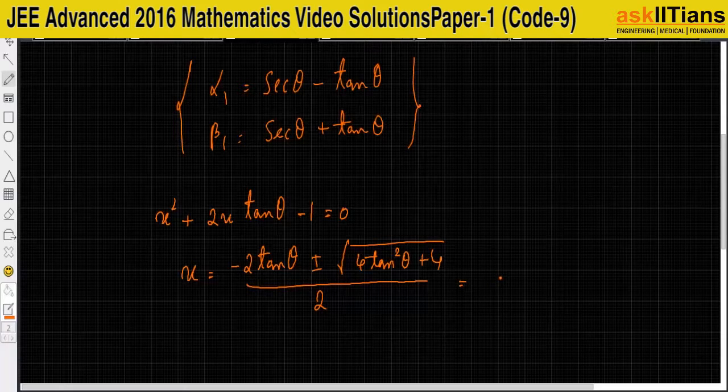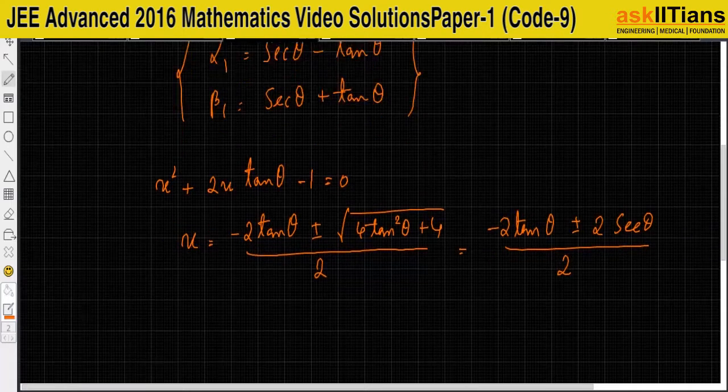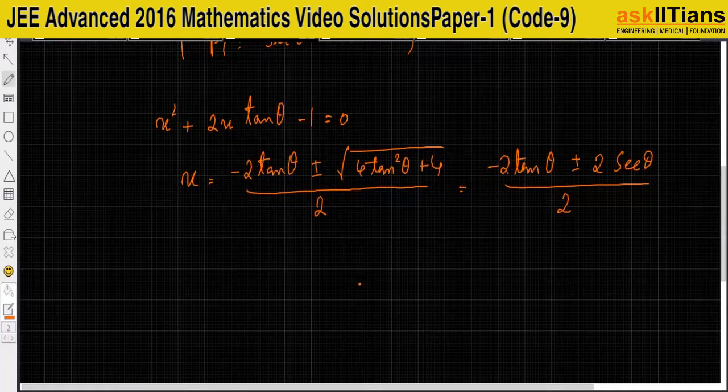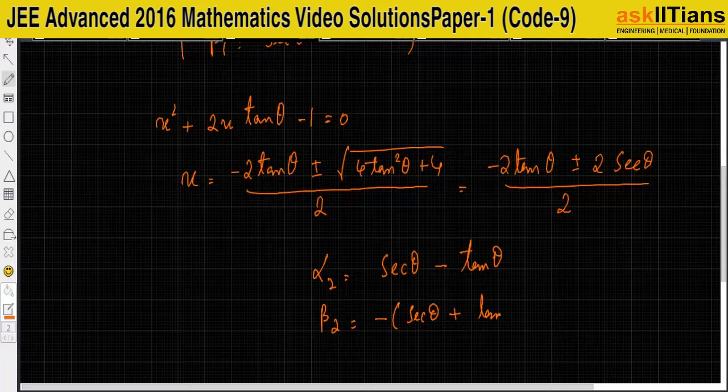So from here again I get two roots: minus 2 tan theta plus minus 2 sec theta divided by 2. From here I can say that alpha 2 is equal to sec theta minus tan theta, and beta 2, the other root, I can take as minus of sec theta plus tan theta. I have taken the minus sign common.